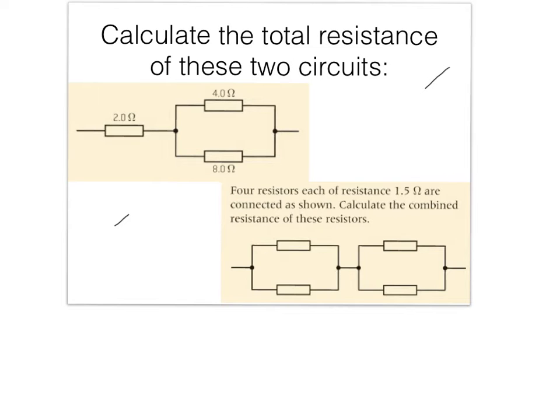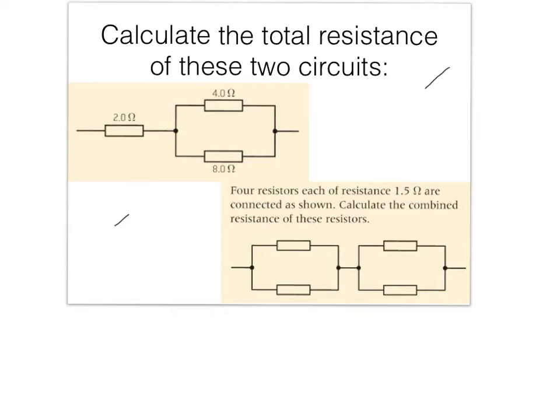We talked about in class the difference between parallel and series resistors. If it's in series, one right after the other, then we're able to just add the resistances together. If the current has to split, then we have to use 1/R plus 1/R equals 1 over the total.